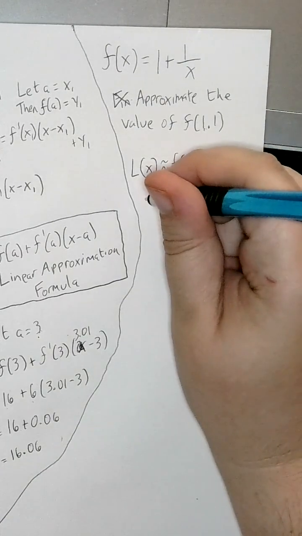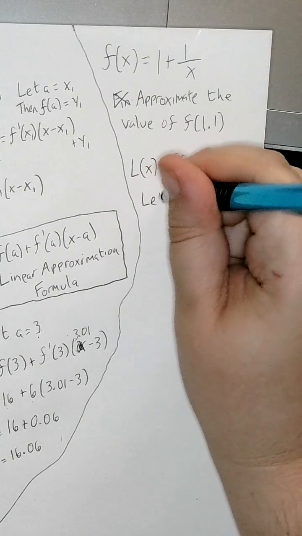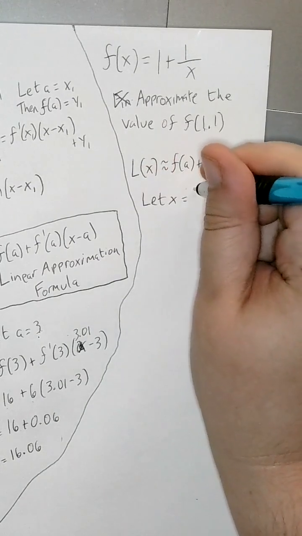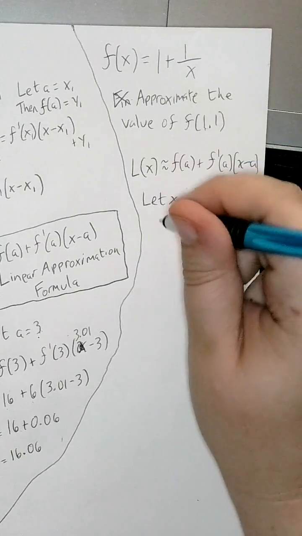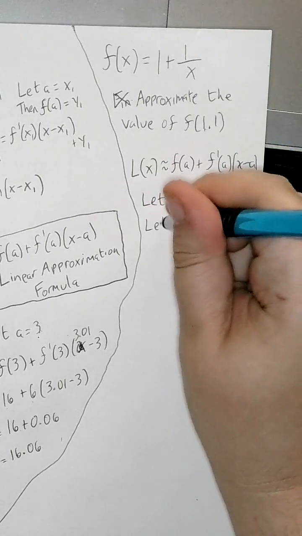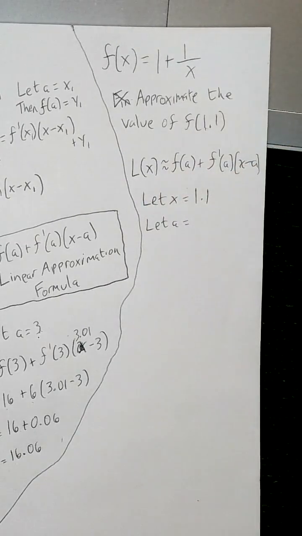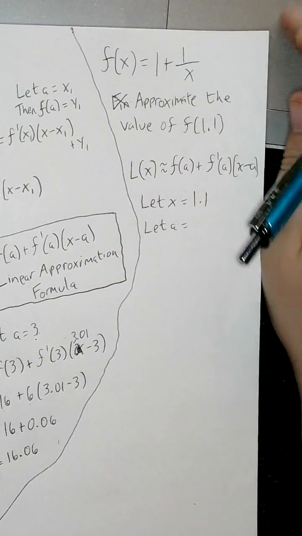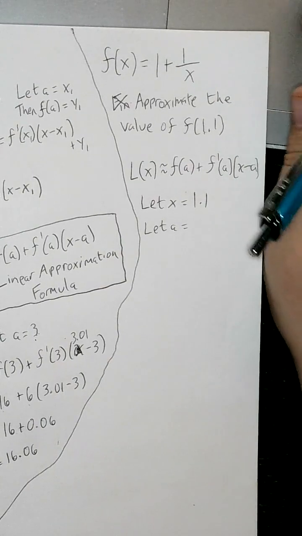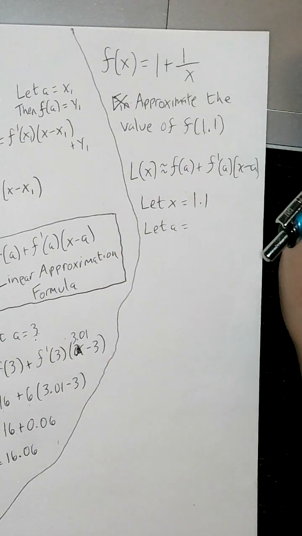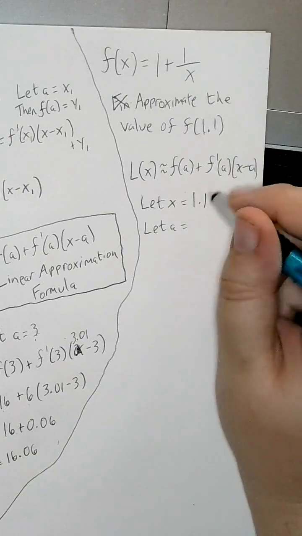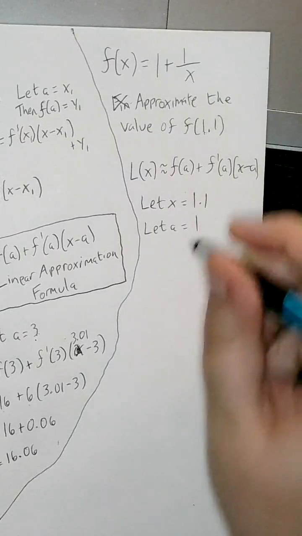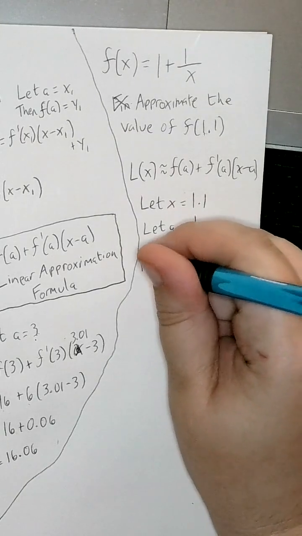So let x equal 1.1 and let a equal what? What should I let a be? I agree, Don. I agree, Joy. Let's let a be 1.